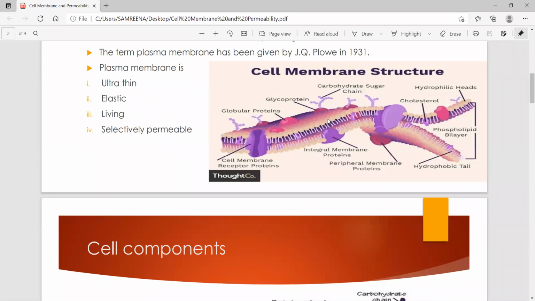The examples are D-galactose, D-mannose, L-fructose, N-acetylneuraminic acid, which we can also call sialic acid. The fifth one is N-acetyl D-glucosamine, and the sixth one is N-acetyl D-galactosamine.